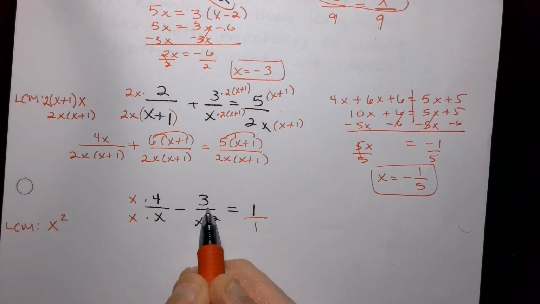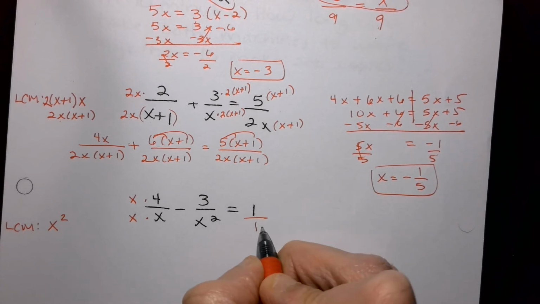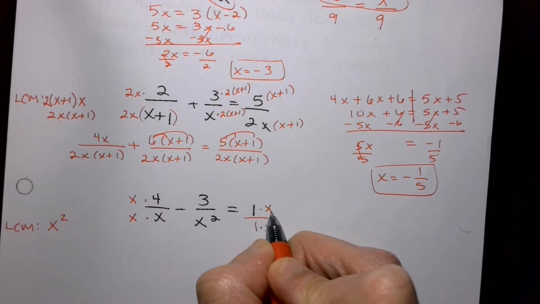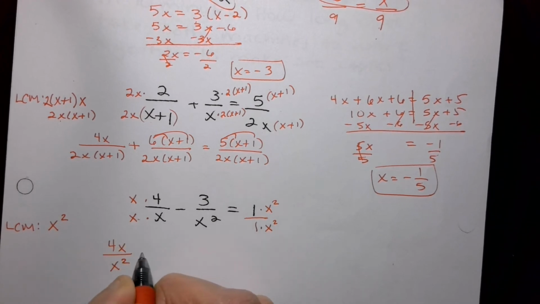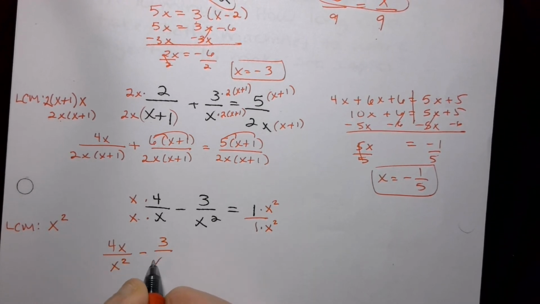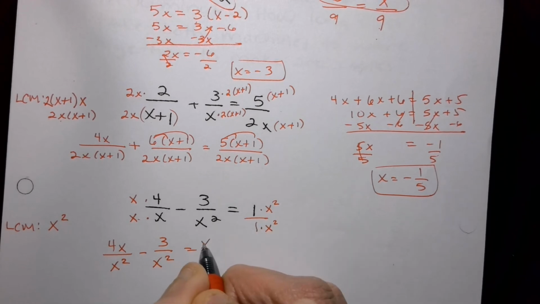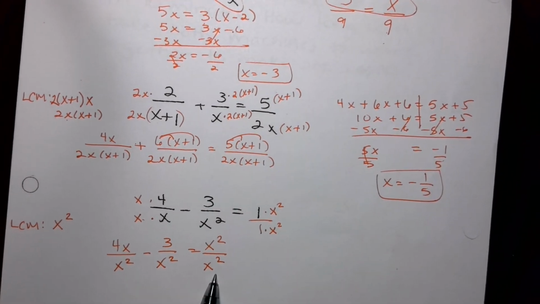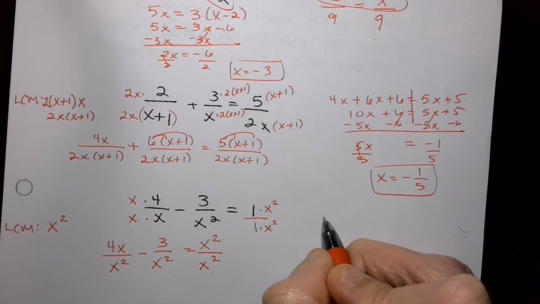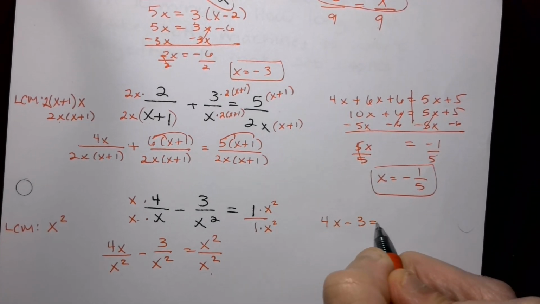Nothing. It already is it. What do I multiply this by? Okay, so rewrite it. So I get 4x over x times x is x squared, minus 3 over x squared, equals x squared over x squared. Are they all the same? Yep. Now you can take the top.